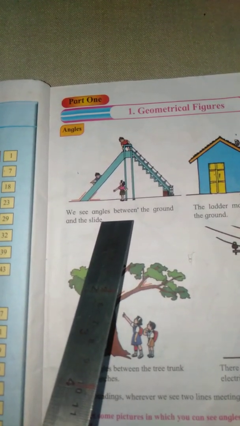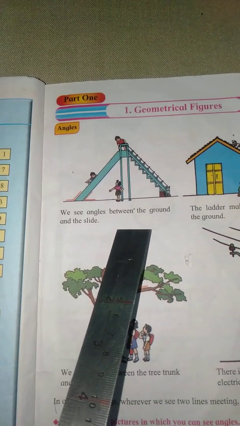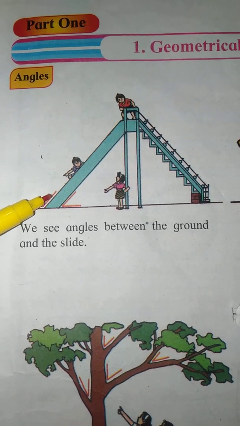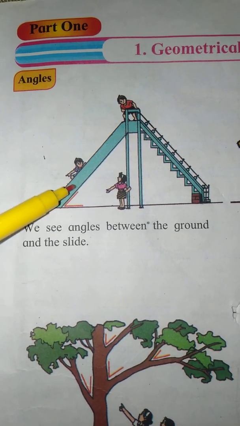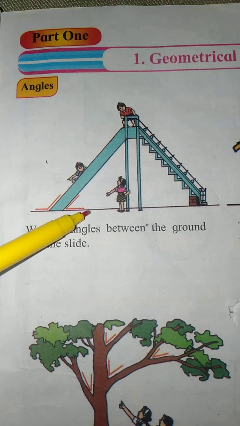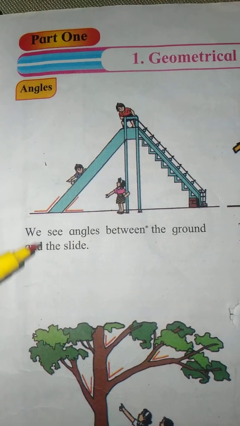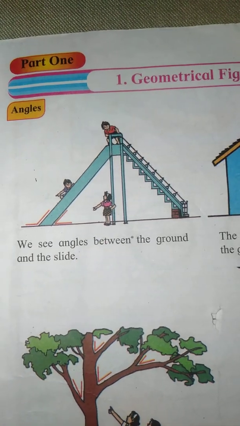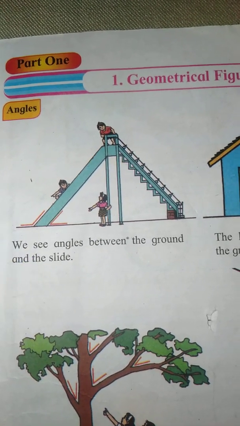Can you see, students, the angles between the ground and the slide? See, there are angles. These angles are shown by red lines.